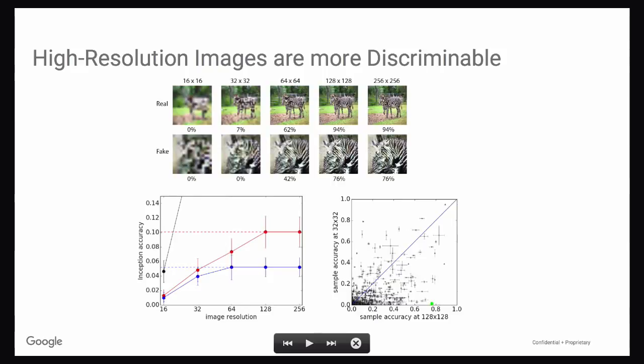But we did a bunch of experiments along these lines, and it seems like generating high-resolution images actually makes the samples more object-like. The details of the experiments are hard to describe in a short amount of time, so come to the poster if you want to hear about them.